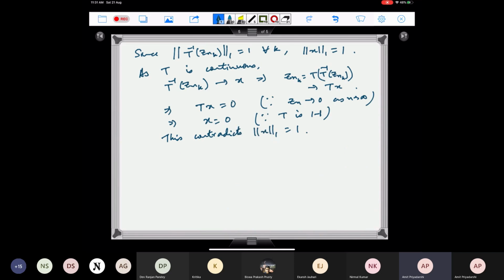So hence our assumption that T inverse is not continuous must be wrong. So therefore, this T inverse is continuous.